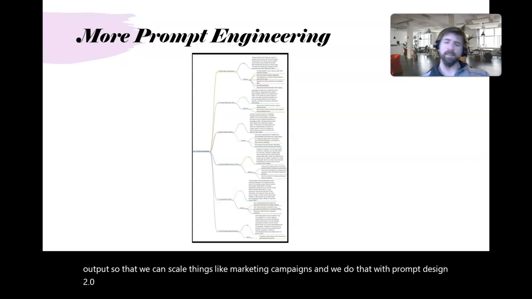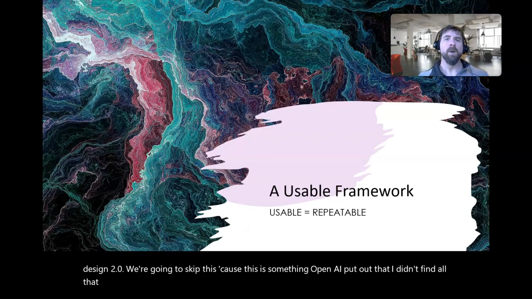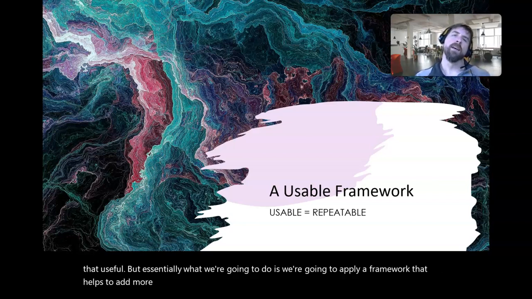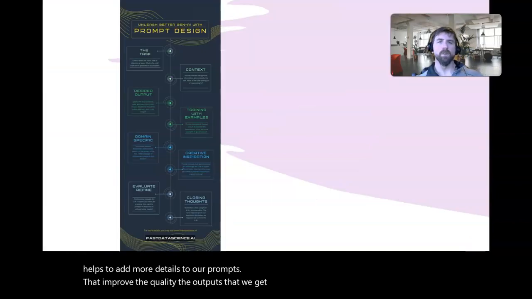We're going to skip this because this is something OpenAI put out that I didn't find all that useful. But essentially, what we're going to do is we're going to apply a framework that helps to add more details to our prompts that improve the quality of the outputs that we get from these generative AI tools.